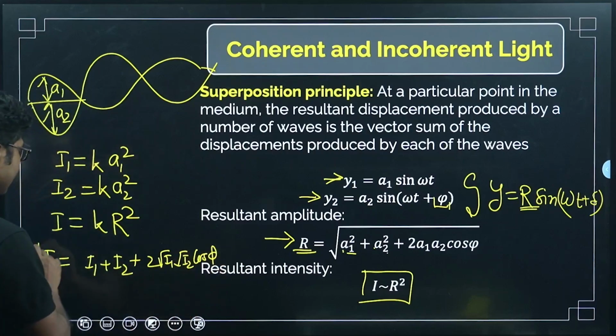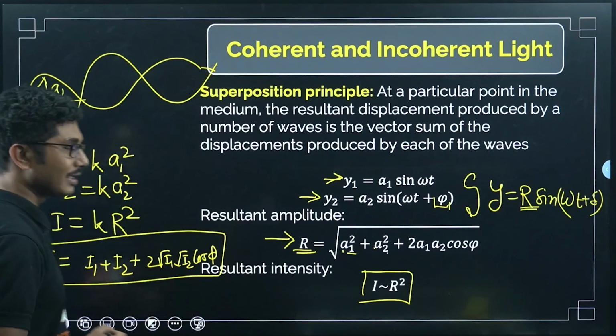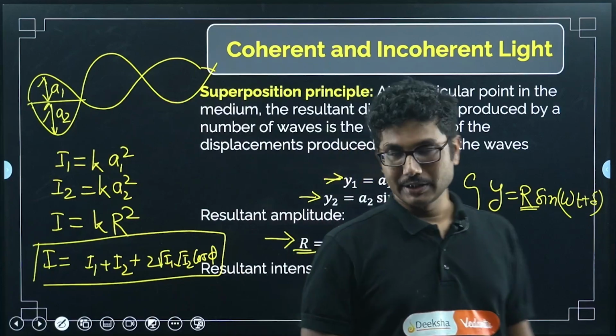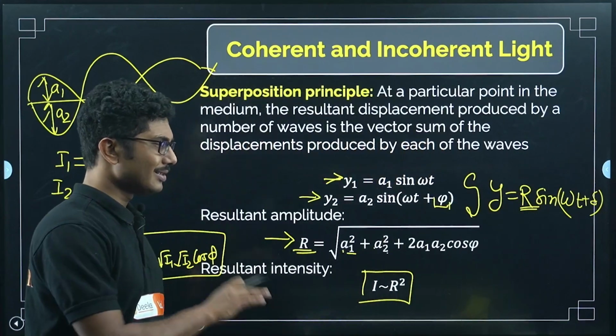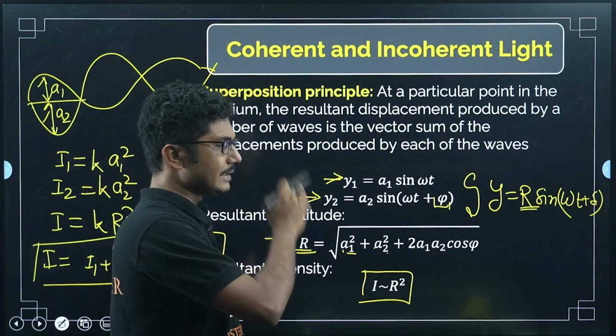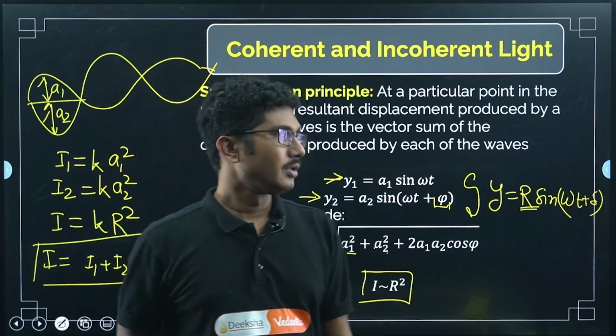Sometimes problems based on this formula come in JEE. If you are preparing for JEE, you should look for this equation. I have not seen any question in KCET based on this formula, but who knows.